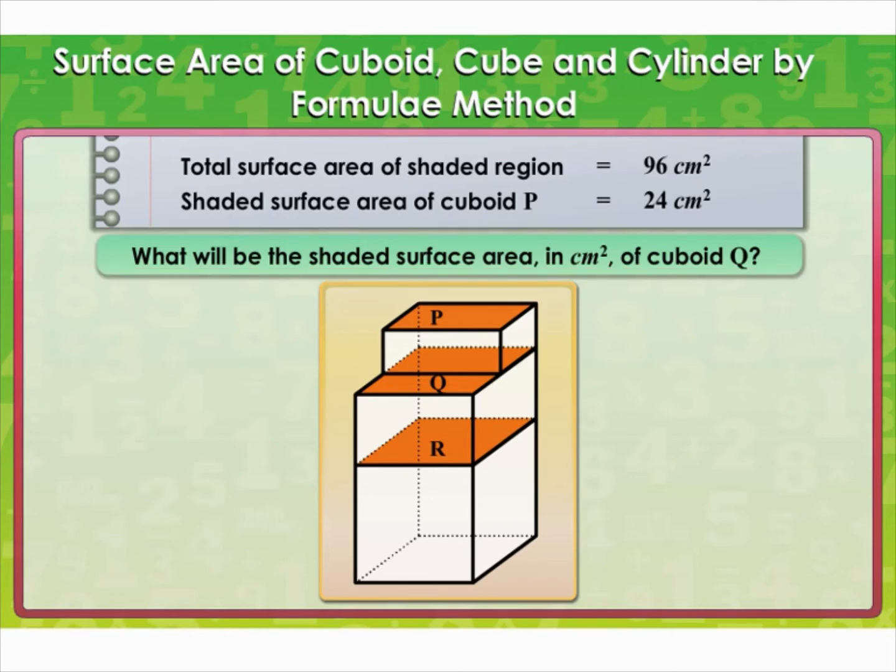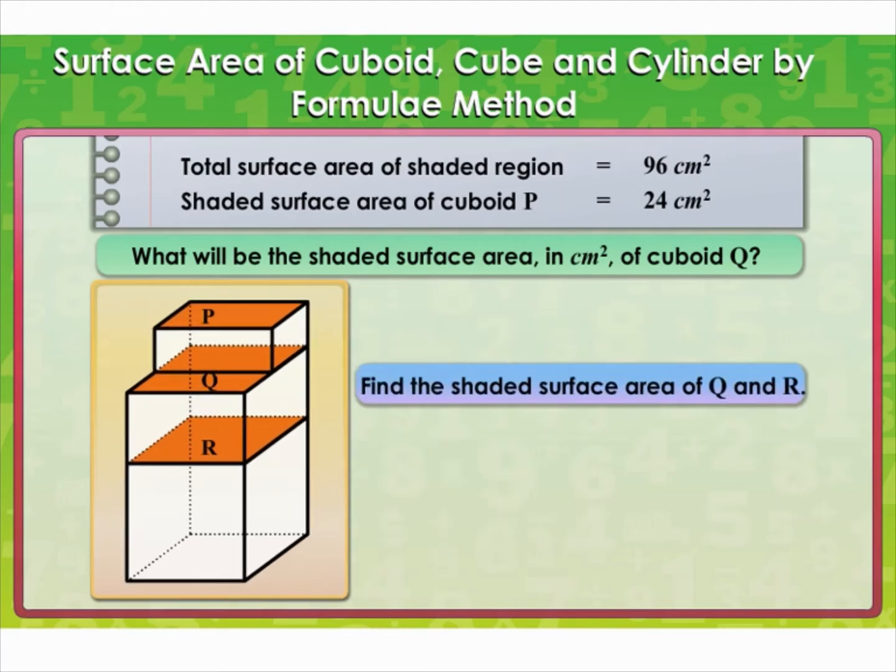What do we need to do first? Yes, we need to know the area of Q and R first. How do we find that? We can subtract the shaded surface area of the cuboid P from the total surface area of the shaded regions.